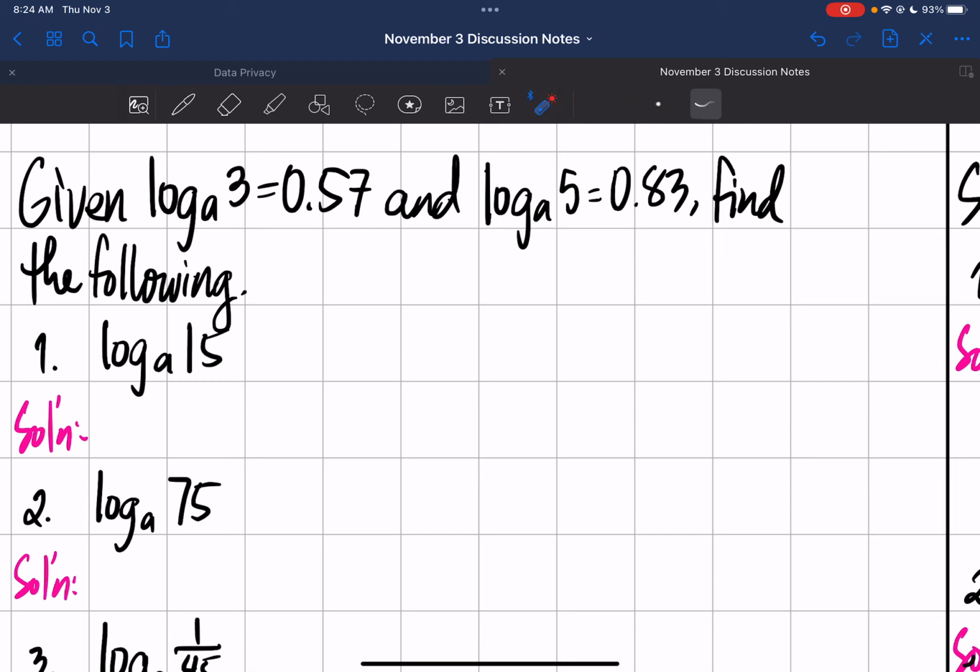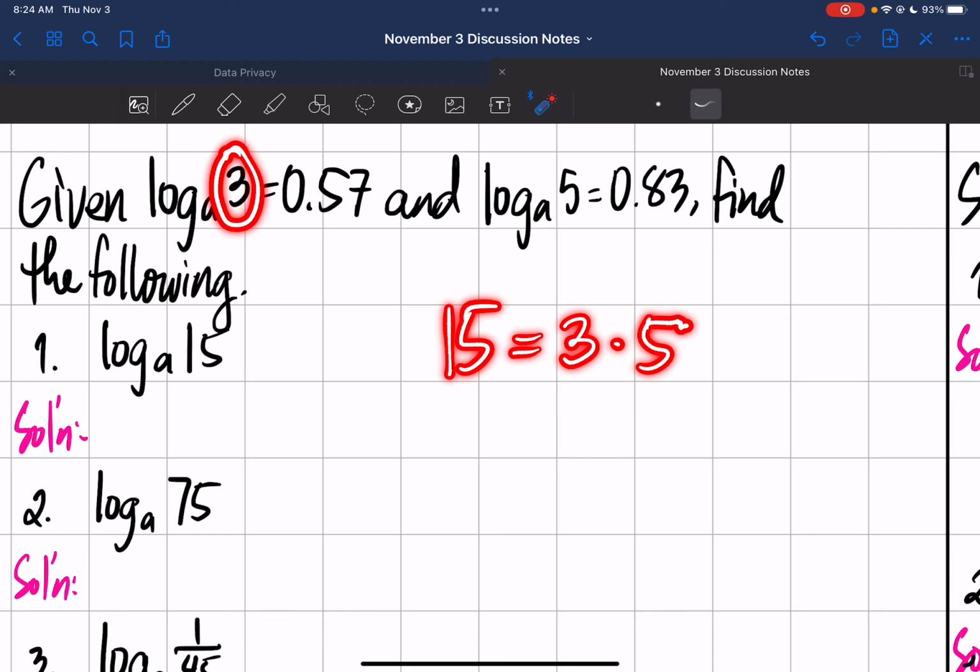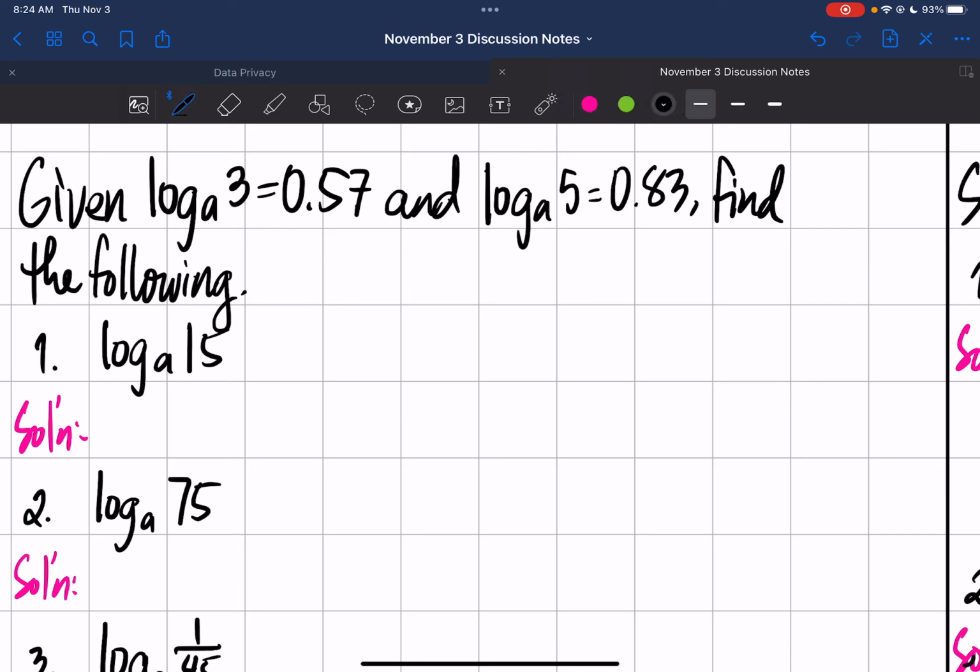So, yung 15 class, kung titignan natin, 15 is equal to 3 times 5. And yung given tayo na logarithm is in terms of 3 at saka 5. So what we'll do, we rewrite this one as log of 3 times 5 base a.